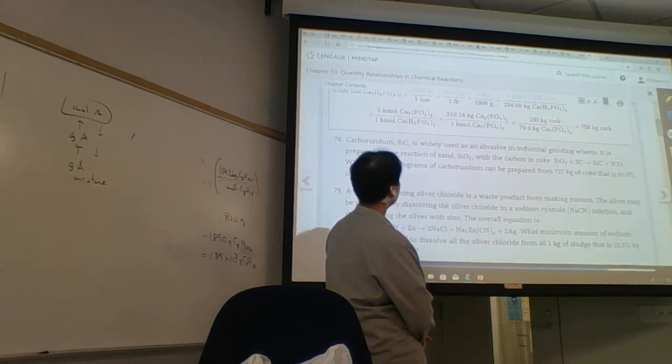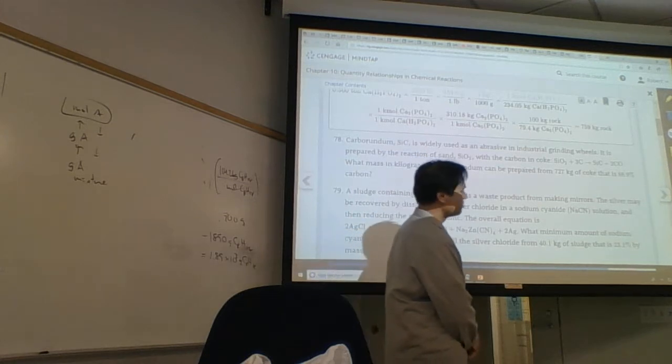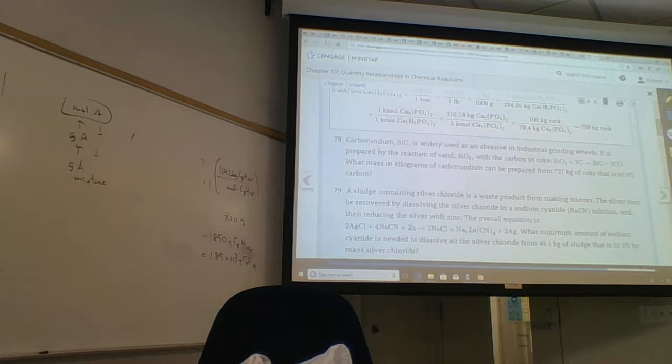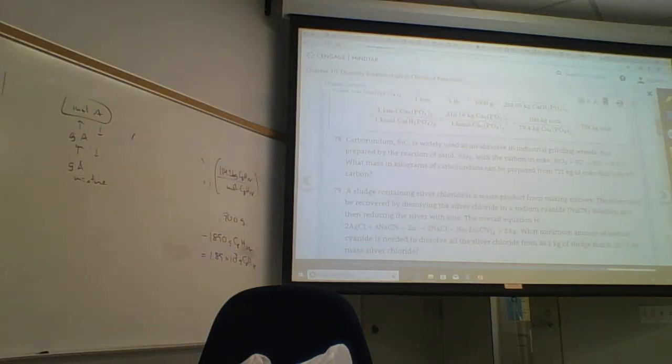That is 88.9% carbon. Well, coke is a mixture. And so let me set up number 78. That was number 77. Let's set up number 78. Why don't you set it up like this? So I'll write the equation up here.